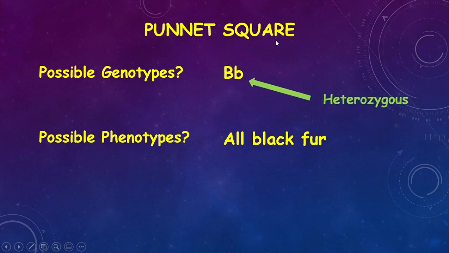This is a heterozygous combination because they are both different. One will be dominant, one will be recessive. I told you in the question that black fur, which we chose to represent by big B, is dominant over white fur. Therefore, if it is present, even if it is heterozygous, it will always be expressed in the phenotype. Remember, we deal with complete dominance only.